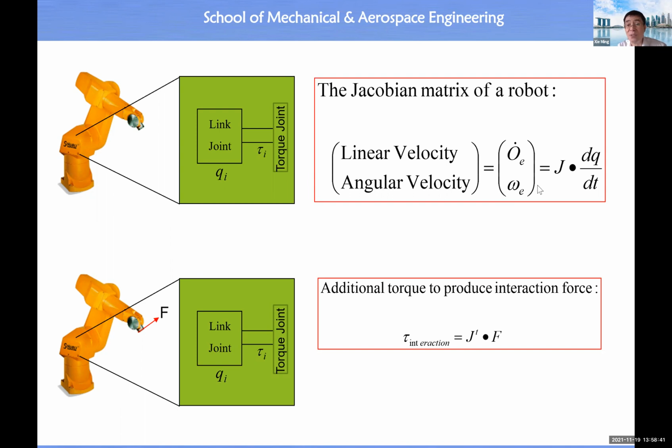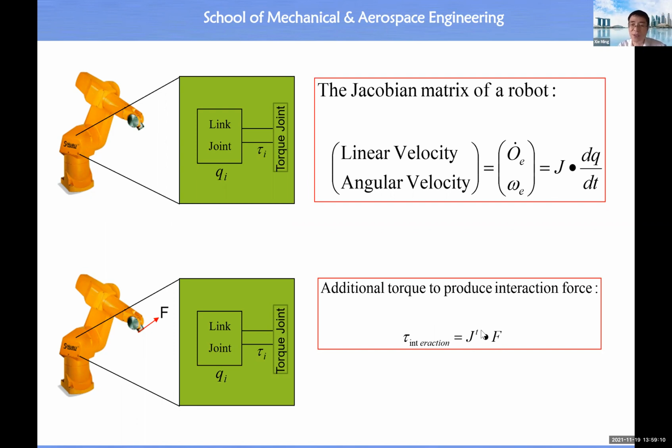Then this vector is related to the velocity of the generalized coordinates inside the robotic arm through the Jacobian matrix. Okay, so then you will obtain this equality. So this is the meaning of a Jacobian matrix. Then we use this to determine additional torque or additional energy in order to support this interaction with the environment.